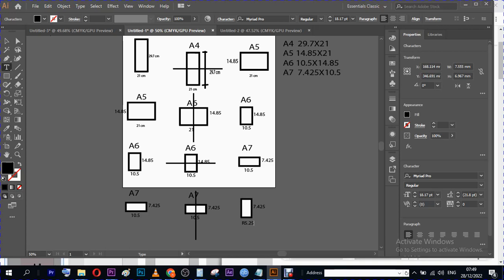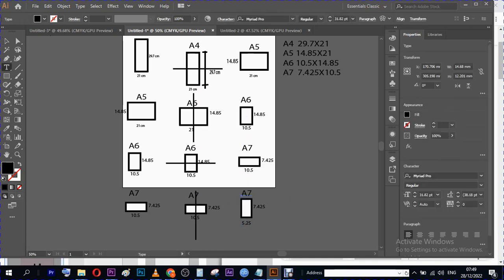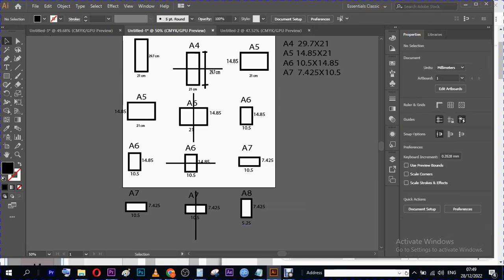We remove this arrow, it was a mistake. So that is it, meaning that our A8, we drag this, forming an A8, which has a height of 7.425.